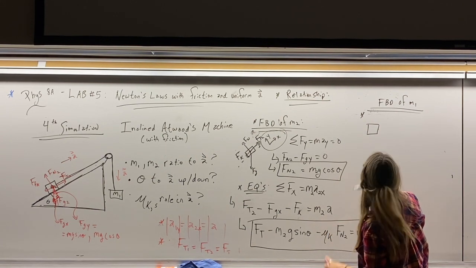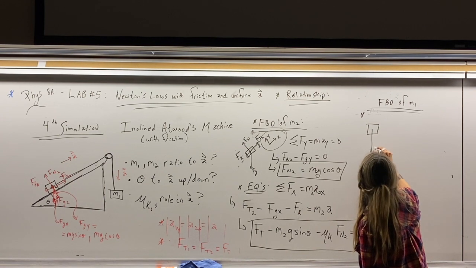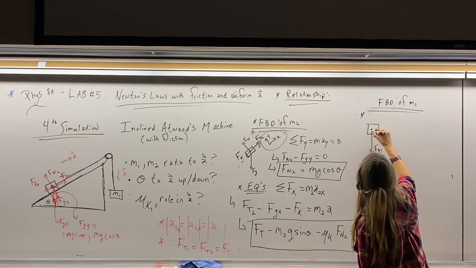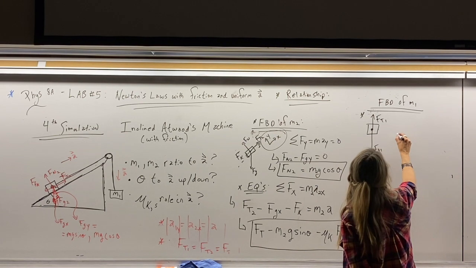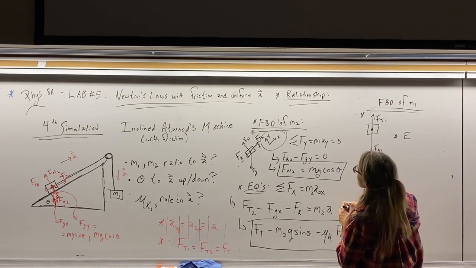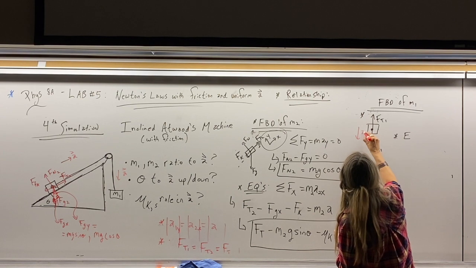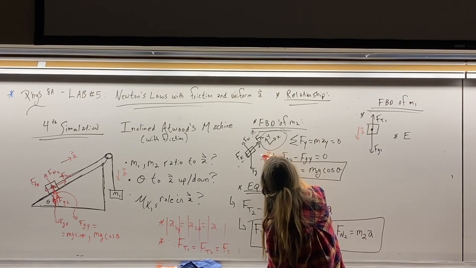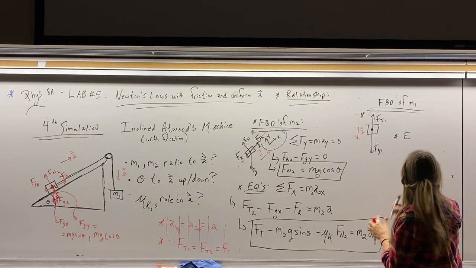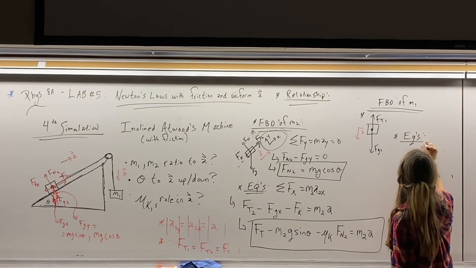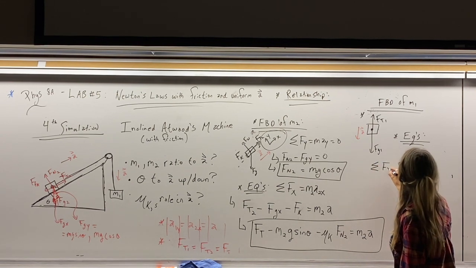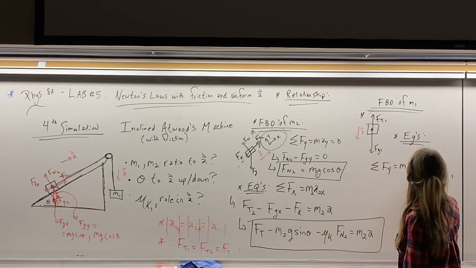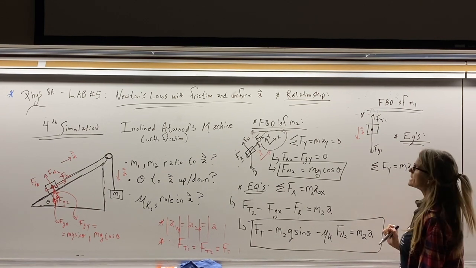So for M1 here, FG1 is going to be much more than just the tension force on 1. Okay, so my equations will be just in the vertical direction. So here we have the sum of all my vertical forces equals m ay, and that's for number 1.